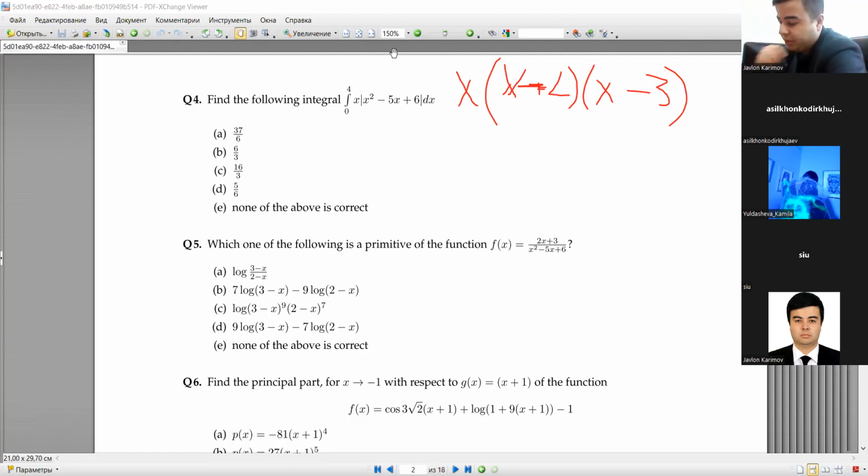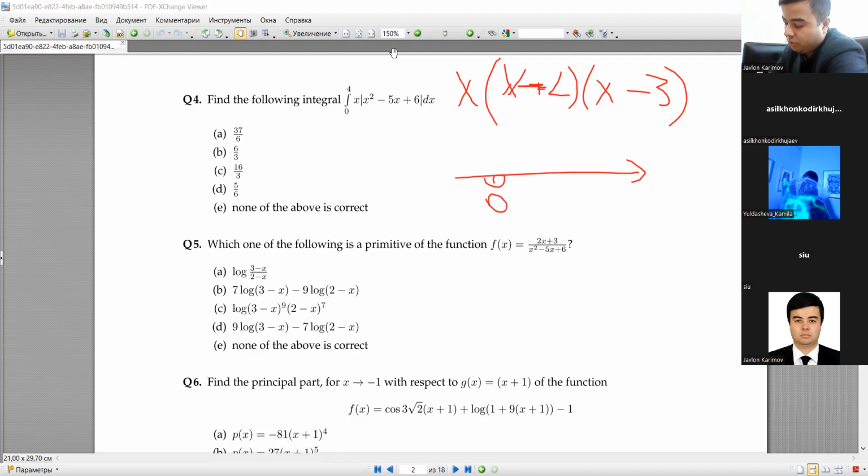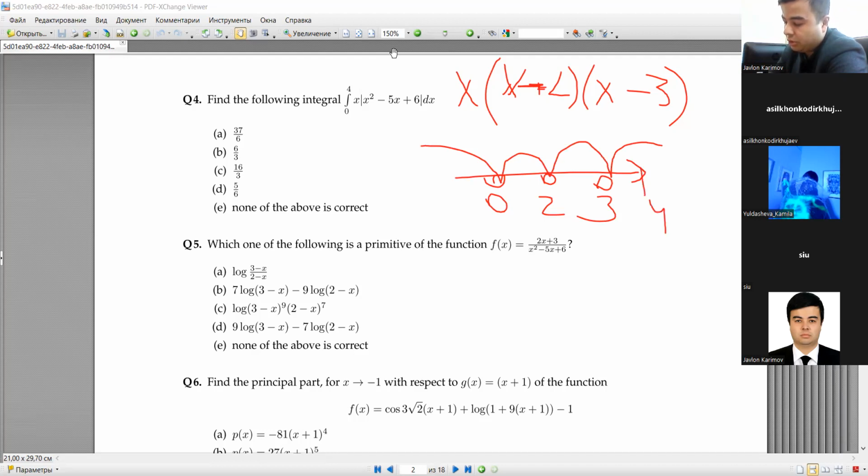So here we need to write these intervals, 0, 2, and 3. 0, 2, and 3 divide to the intervals. And here also we have 4, because here we have the bound of the integral. And then when we do it, here we have plus, minus, plus, and minus, yeah.